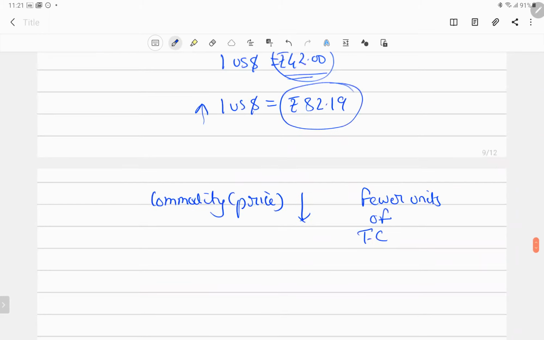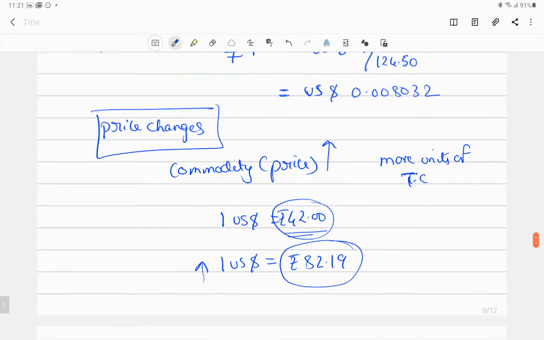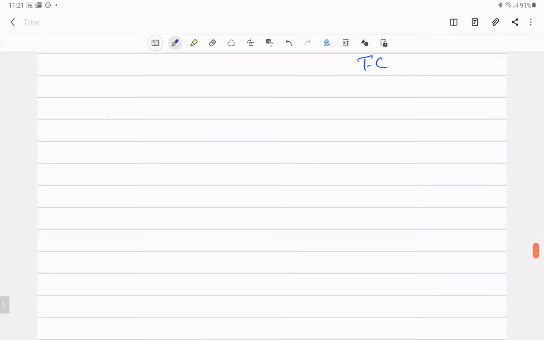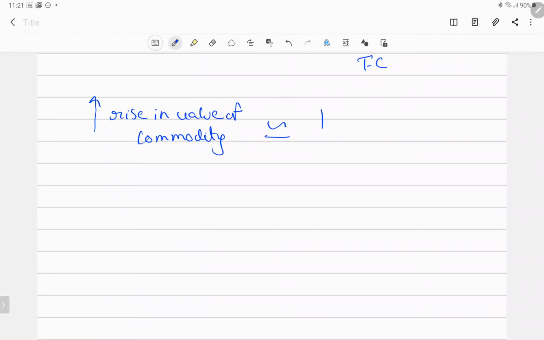So from the foreign exchange market, we can interpret that when there is a rise in the value of commodity, it is equivalent to a fall in the value of term currency.